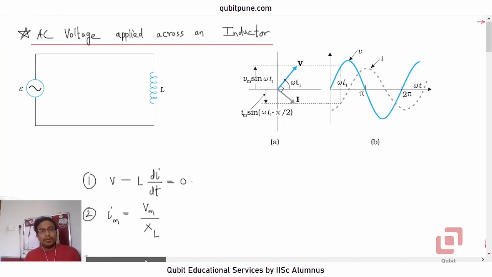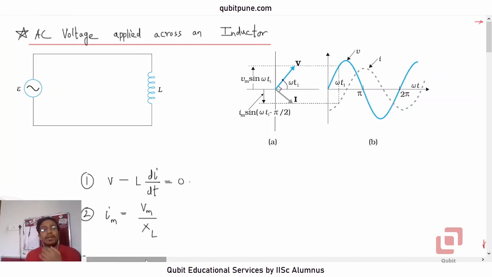Now let us talk about what happens when we connect an inductor across the alternating voltage. It can be worked out. We will obviously not be doing that in this class, but it can be worked out that using Lenz's law and Kirchhoff's loop rule, we get this equation: V minus (negative L di by dt) is equal to 0.